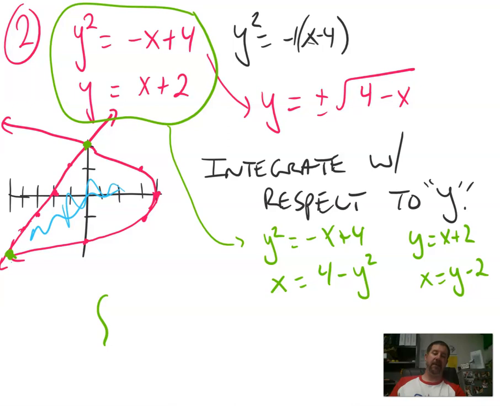In a second, I'll get my limits. But I'm going to go from my small y value to the big y value. The top curve is 4 minus y squared, and the bottom curve is y minus 2, dy.